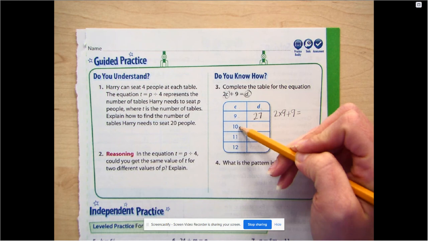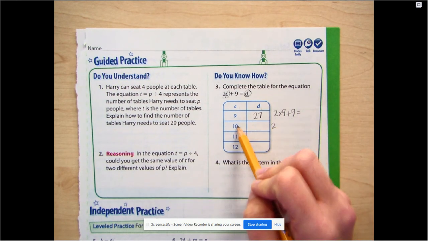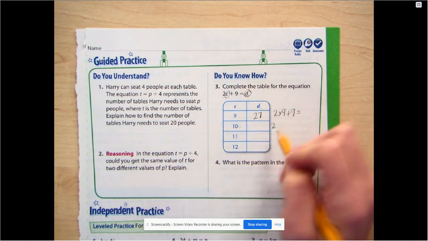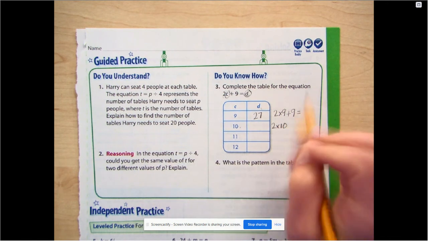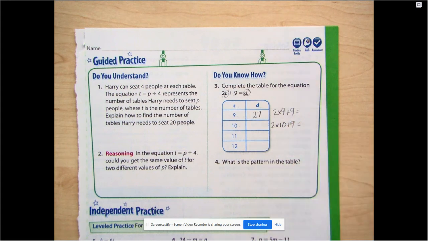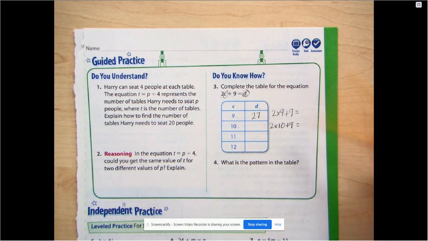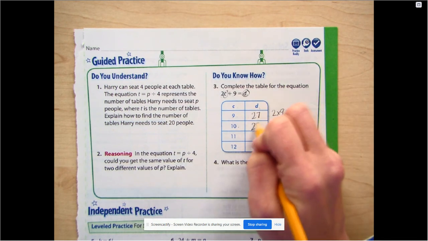So let's try 10. 2, and then I'm going to fill in C with 10, so I'm going to multiply and then add the 9. That stays the same. And then I'm going to figure out what that is. Do this with me. Remember, we multiply first. So 2 times 10 is what? 20. And then plus 9 more, my answer would be 29.